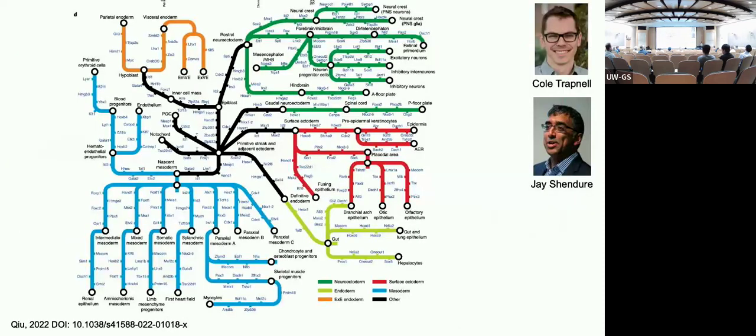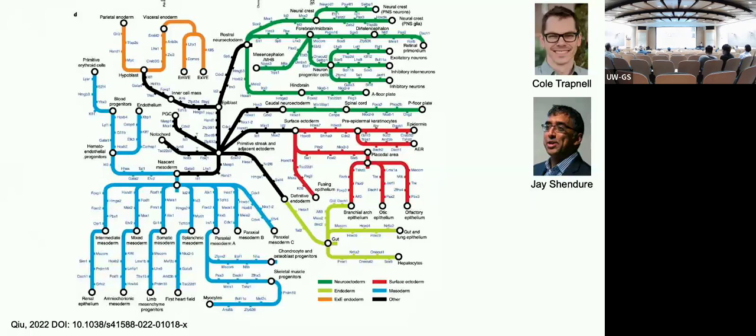And so work by members of the Genome Sciences Department, Cole Trapnell and Jay Shendure, basically used this technology to look at this process of cells becoming different, differentiation, in a mouse embryo. And this is just a subway map sort of visualization of this process.